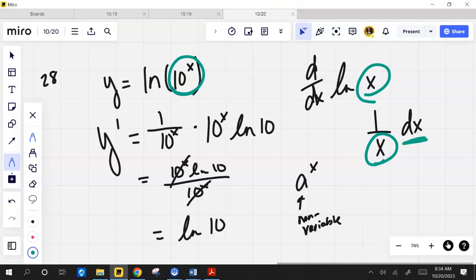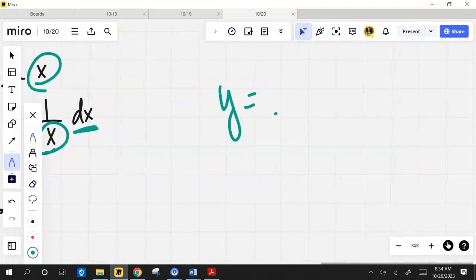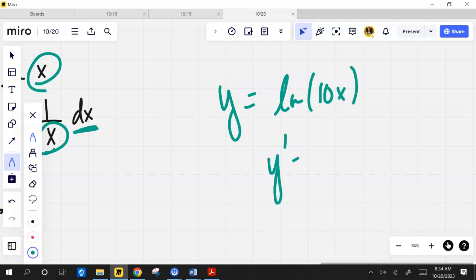It's in the bottom because I put it in the bottom. If it was y equals the log of just 10x instead of 10 to the x, then the derivative would be 1 over 10x, but then I'd follow it with 10.